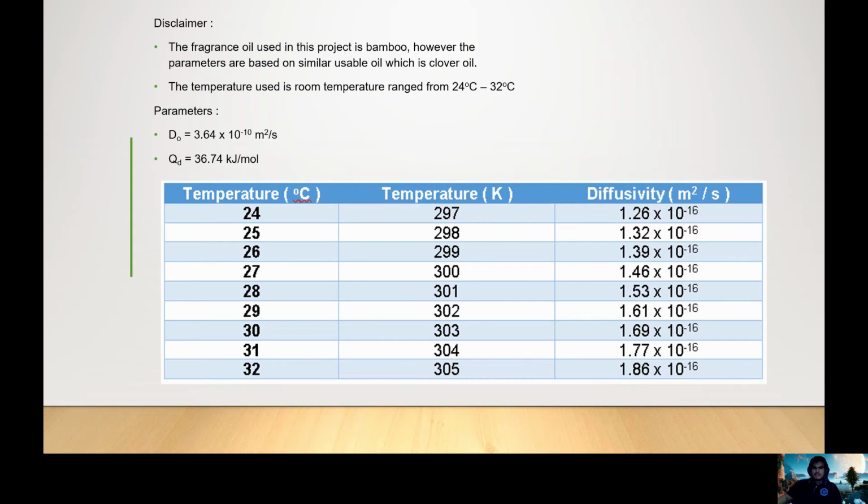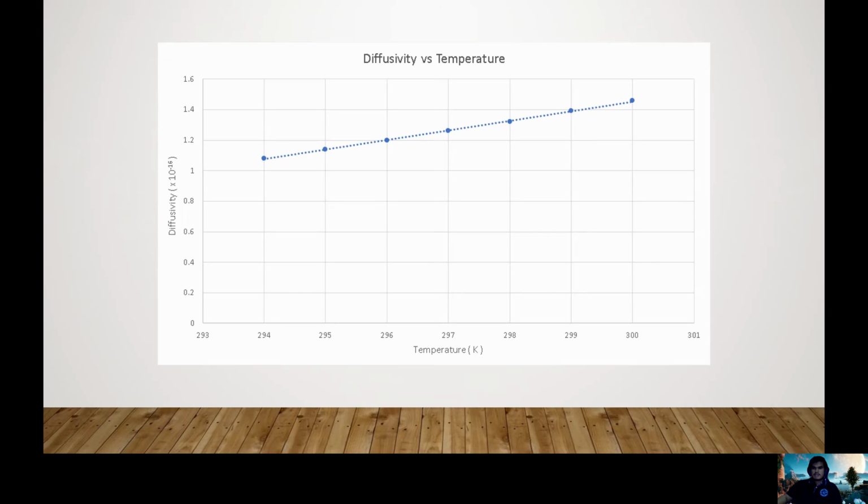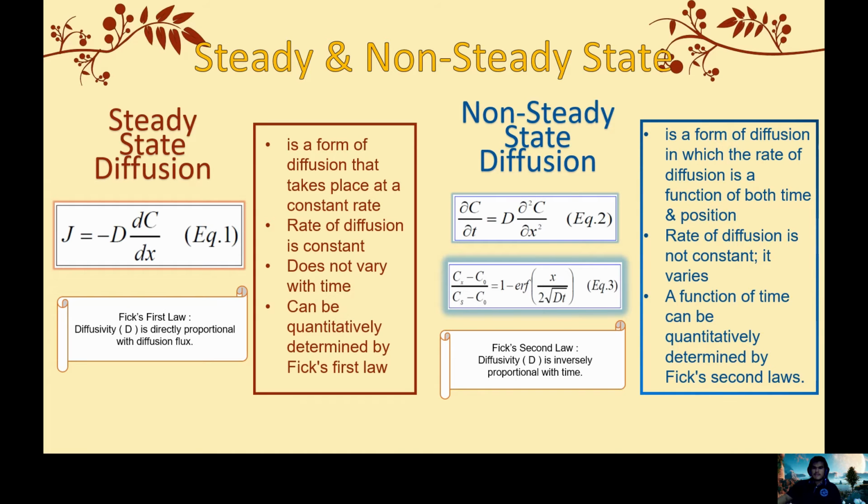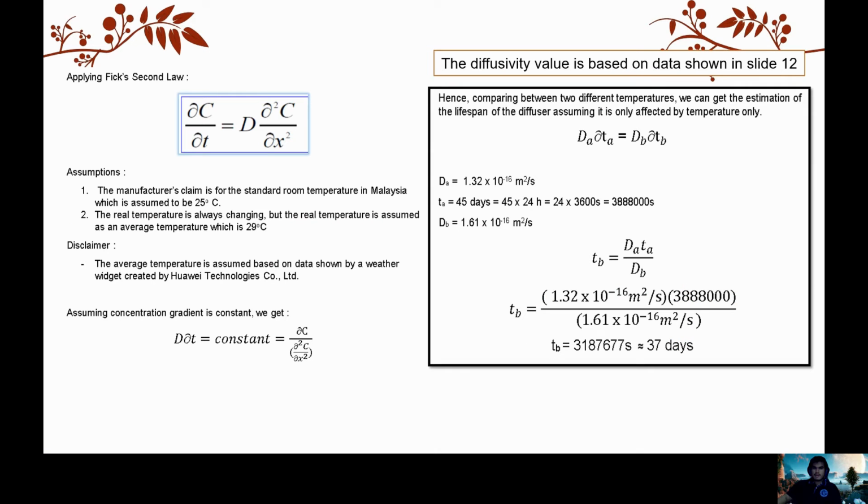The table shows the changes of diffusivity with increasing temperature, same as the graph, which shows an increasing trend of the diffusivity with increasing temperature. By applying Fick's second law, which can be used as a function of time, we estimated the lifespan of the diffuser. However, the estimation considers that the consumption rate is only affected by temperature.